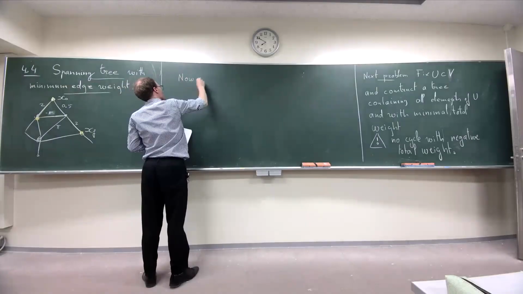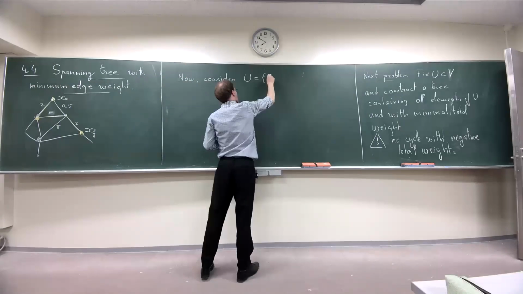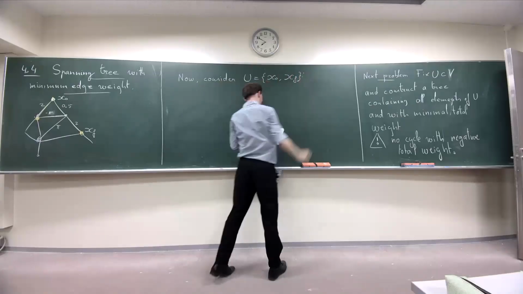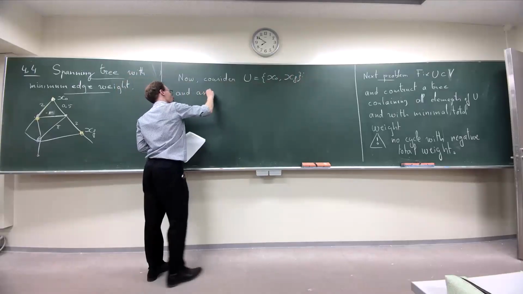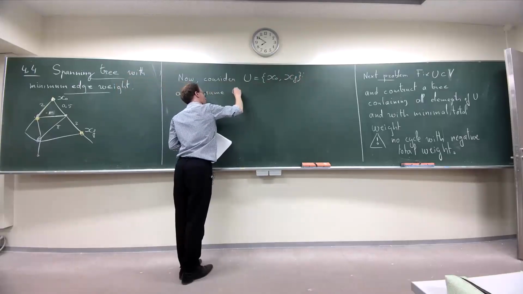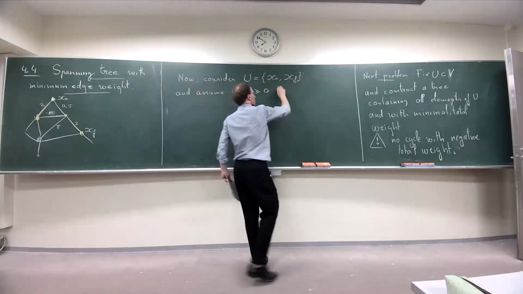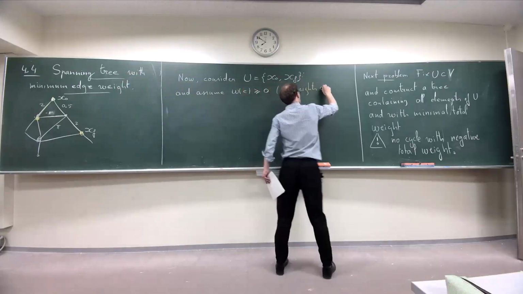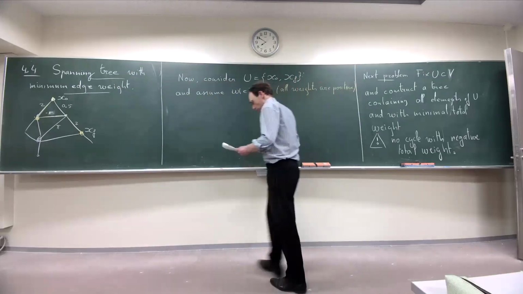So now consider U consisting only of 2 points, x0 and, let me keep y. And for simplicity, I assume the weight is always bigger or equal to 0. All weights are positive. We can avoid this, but I simplify this.